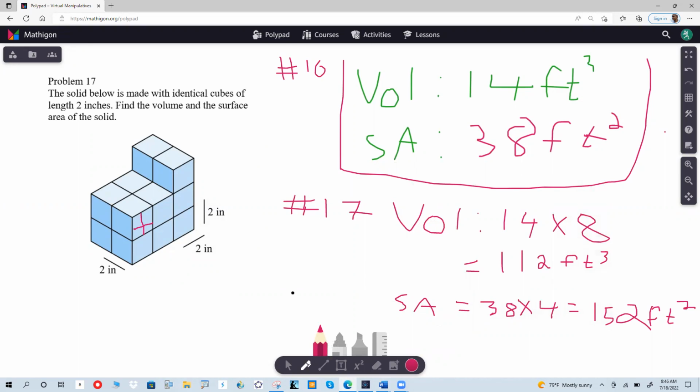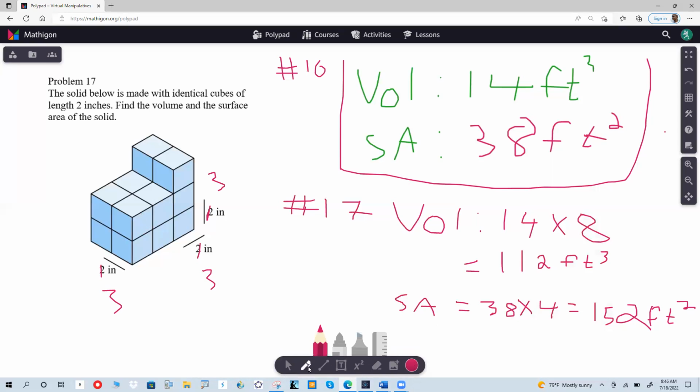And for the surface area, you're going to pretend it's made of unit squares, and find the surface area. Whatever you get, you're going to multiply it by 2 squared. For instance, if I give you this problem and replace each 2 with 3, I'm not going to do it for you.